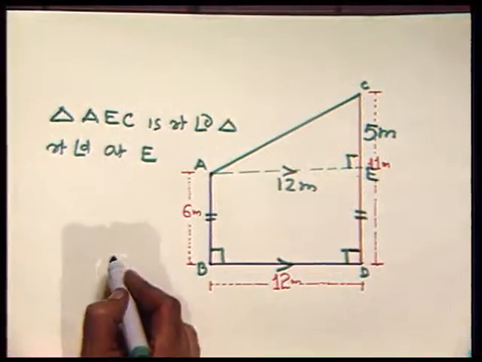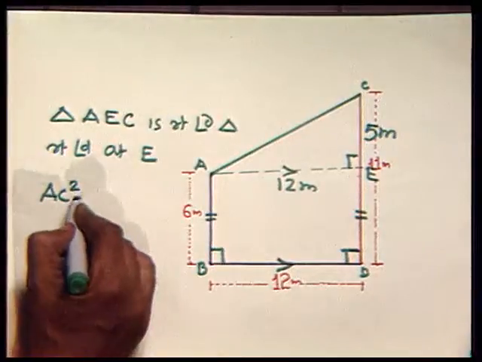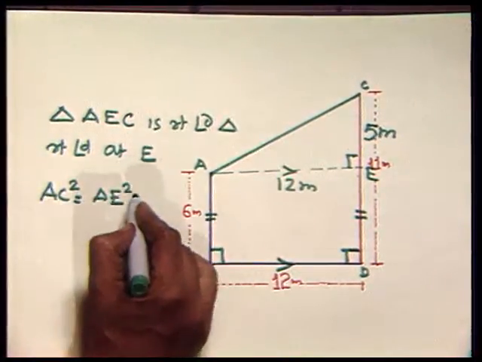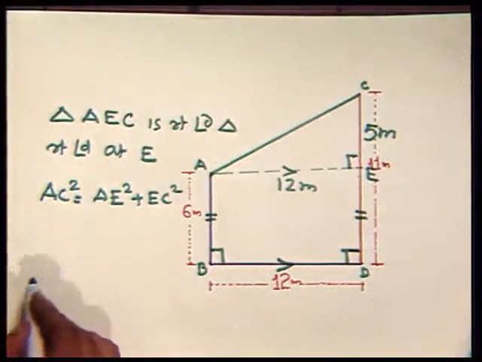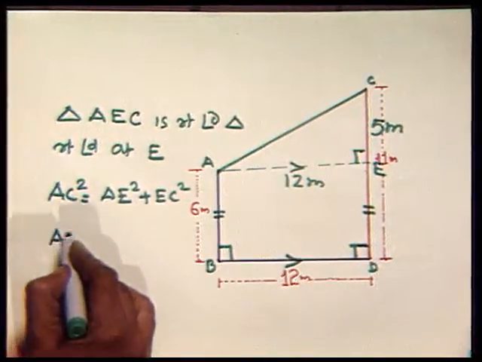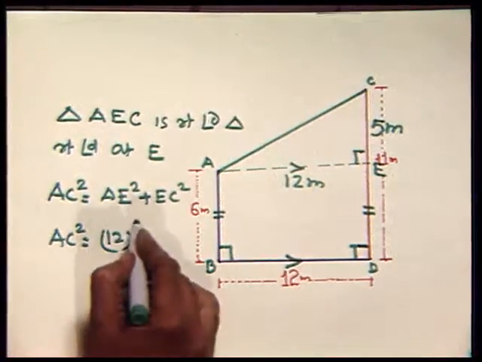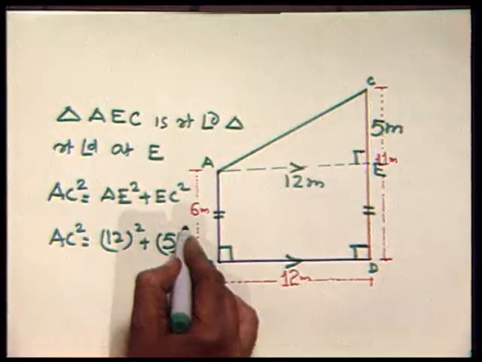So, applying the Pythagoras theorem to this, we find that AC square is equal to AE square plus EC square. Since we have to calculate this AC, that will remain AC square. AE is 12 units, so 12 square, plus EC is 5 units, so 5 square.